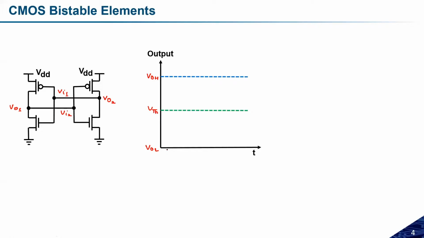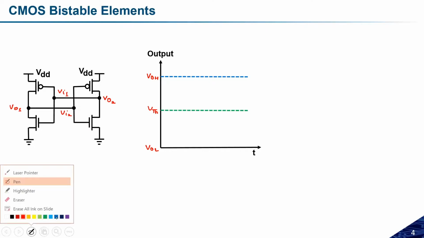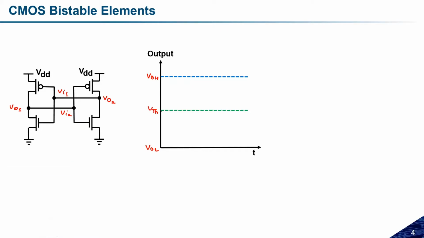Initially, let us assume at t equal to 0, all the transistors are in the saturation region. If all the transistors are in the saturation region, the output which we will observe will be just like this one. But suppose I forcefully change this VTH towards the left side.